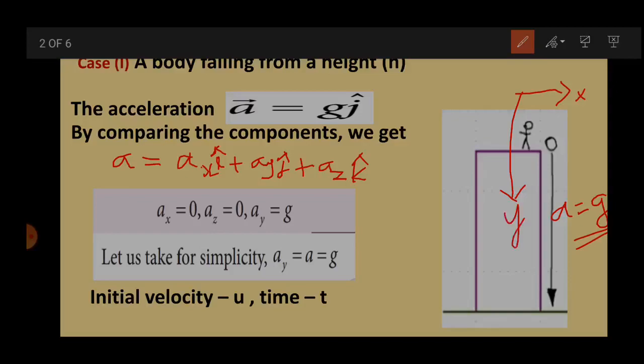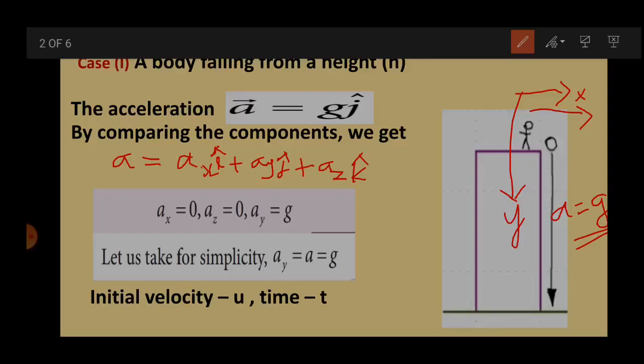So this is the x-axis and this is the y-axis, and the object moves along the y-axis.